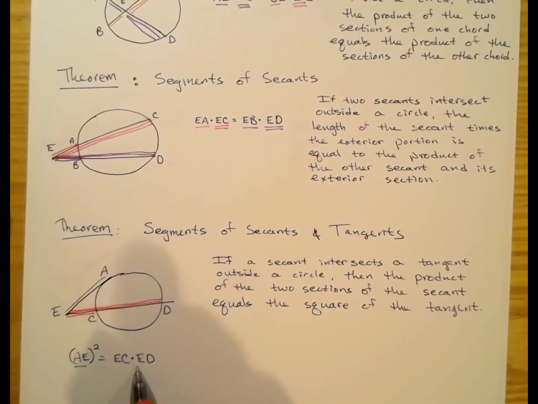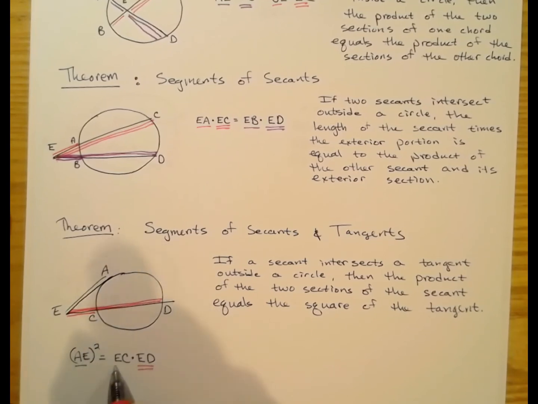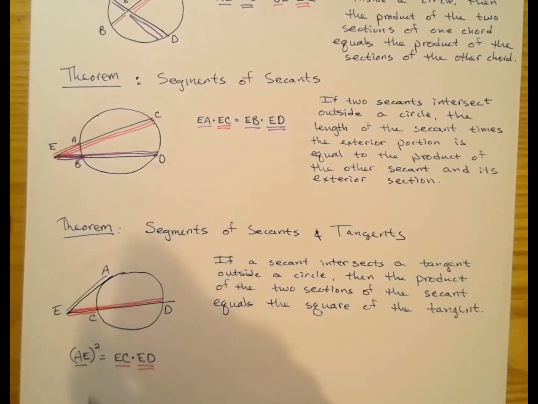So ED is the entire secant, EC is just the exterior part. So the tangent squared is equal to the section of the secant that's outside the circle times the entire secant.